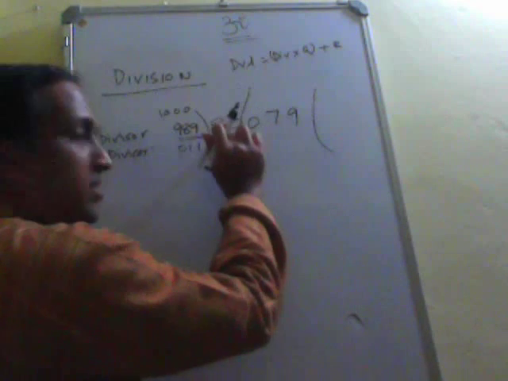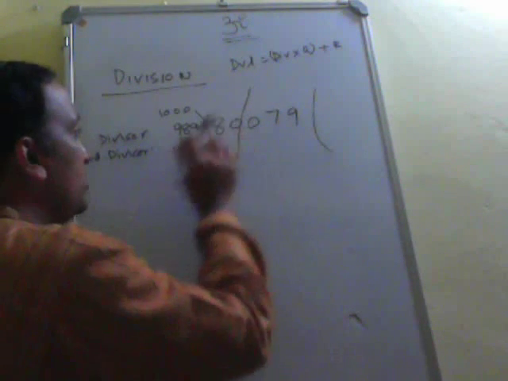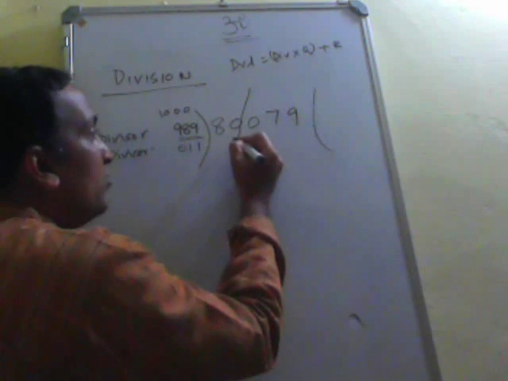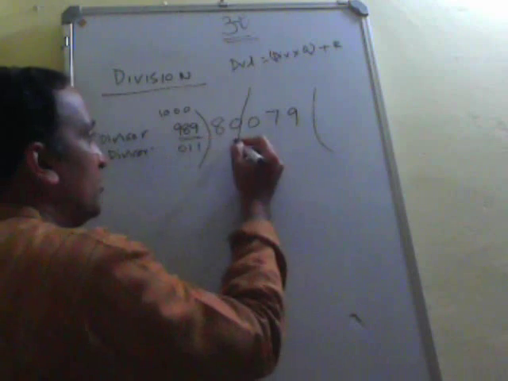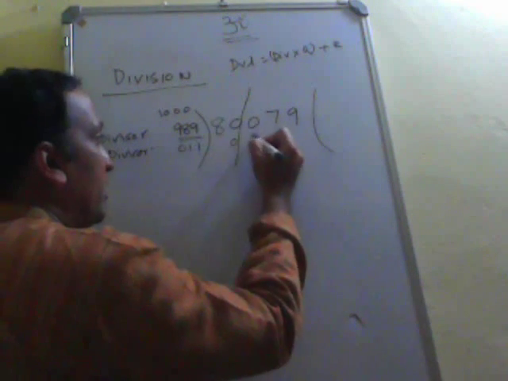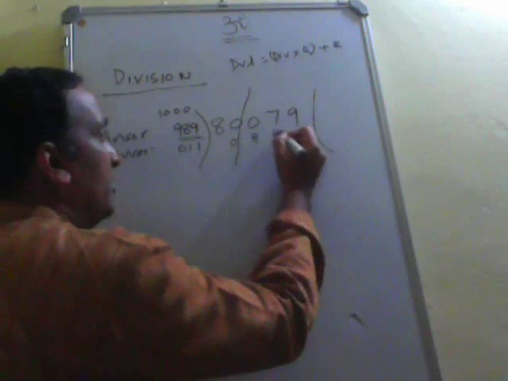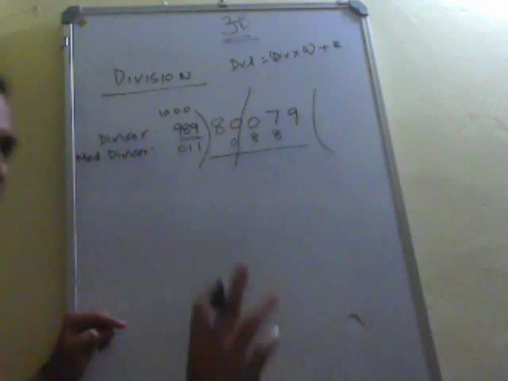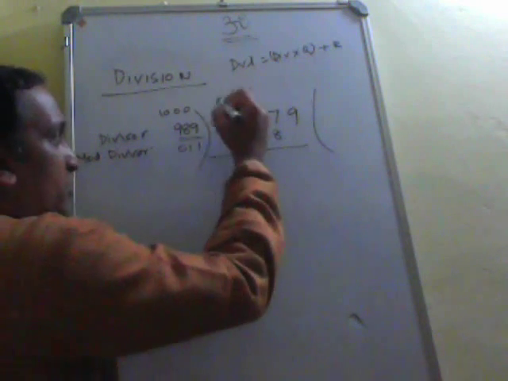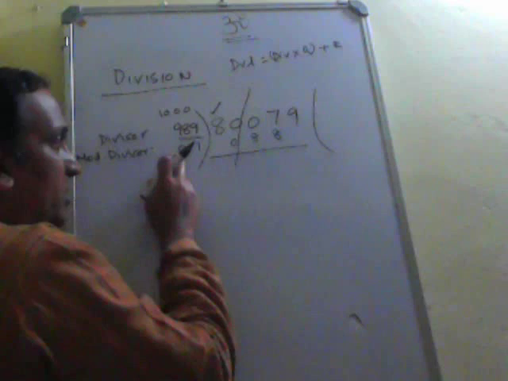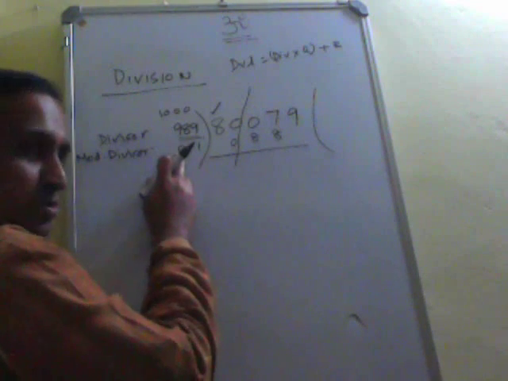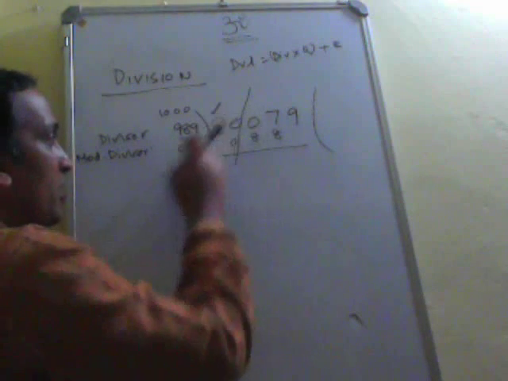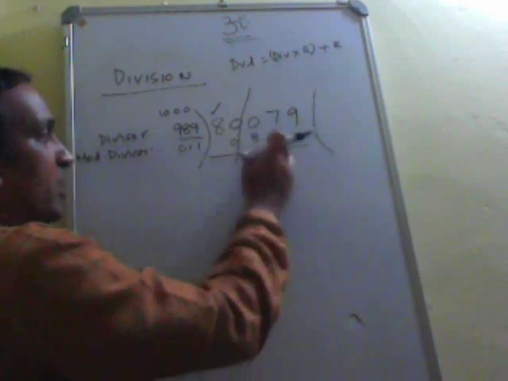You take 1 digit here and multiply by each digit here. 8 zeros are 0, and you leave one space and write 8 zeros are 0, 8 ones are 8, 8 ones are 8. Shall I repeat? You take the first digit here, 8, and multiply digit by digit.